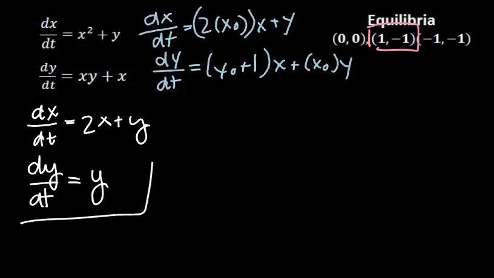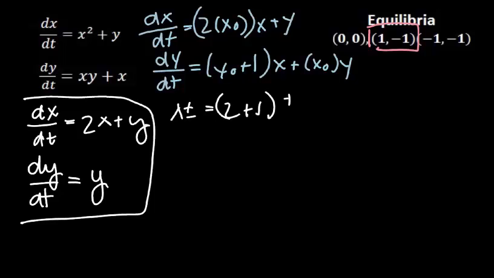Now we can go ahead and use these values to plug into our eigenvalue formula to figure out our type of equilibrium. So our A is 2, our B is 1, our C is 0, and our D is 1. So you have your lambda plus or minus equals 2 plus 1 plus or minus the square root of a minus d, which is 2 minus 1, which is just 1 squared, plus 4 times b, which is 1, times c, which is 0.